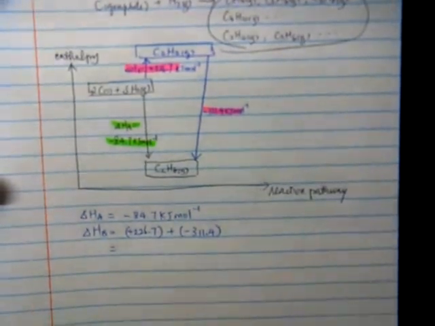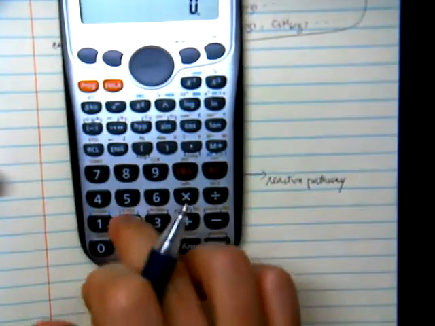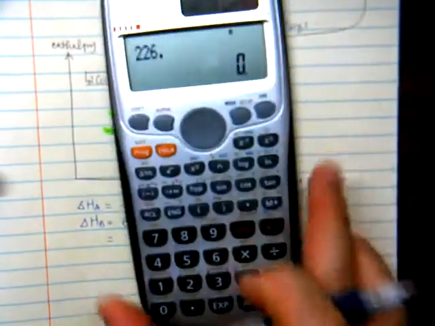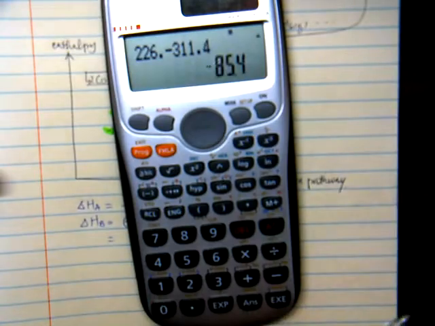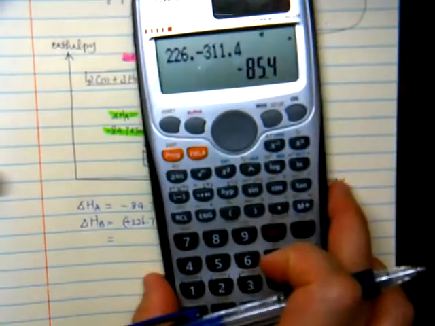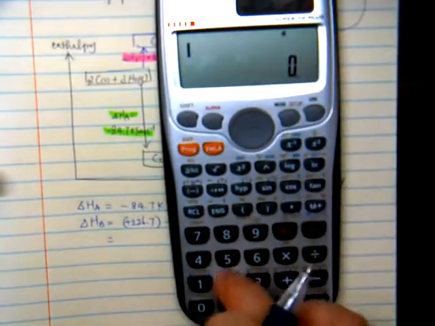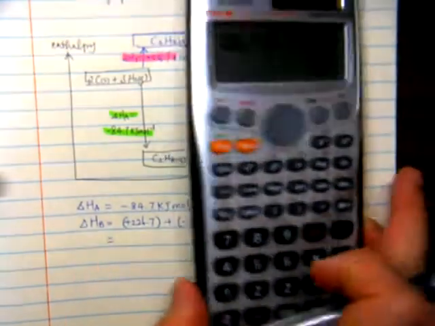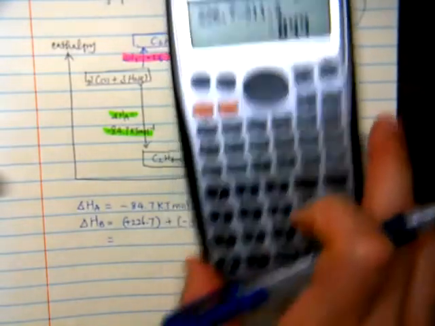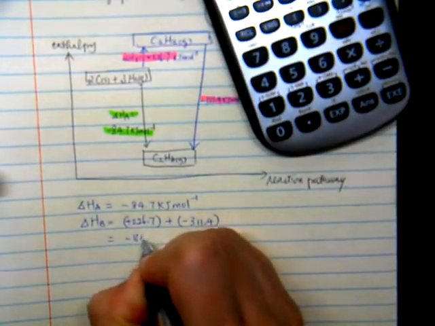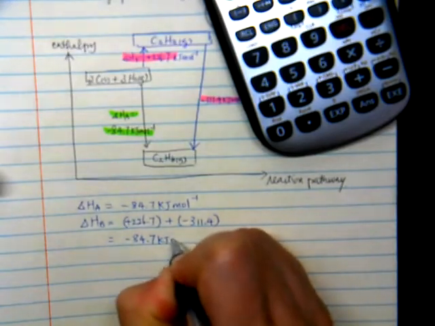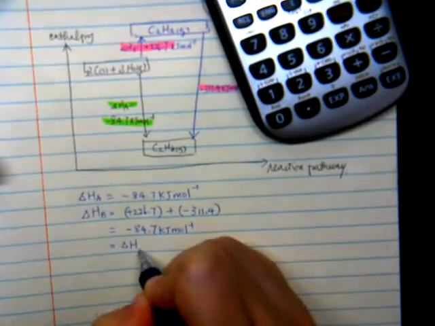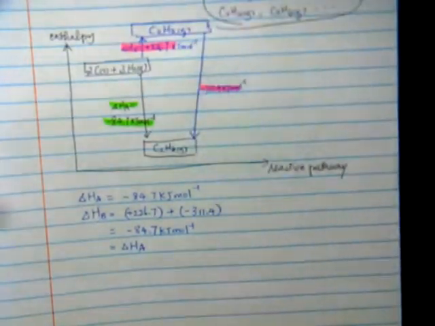Use your calculator: 226.7 minus 311.4, which is negative 84.7 kilojoule per mole. Can you see that it is equal to the enthalpy of route A?